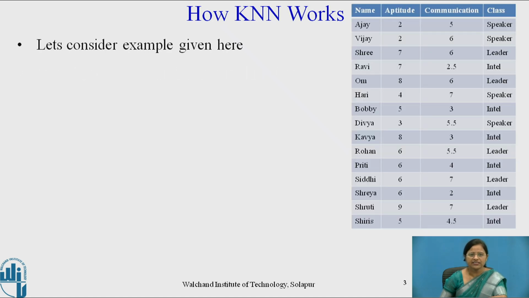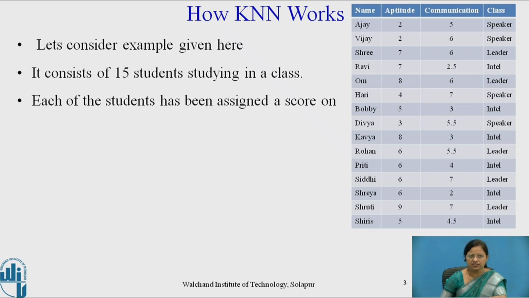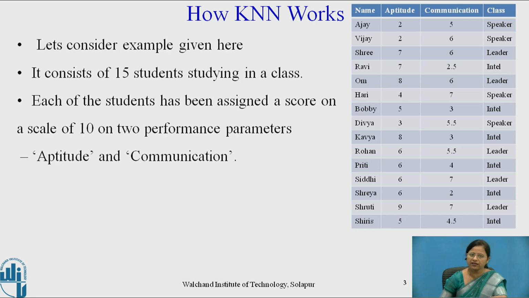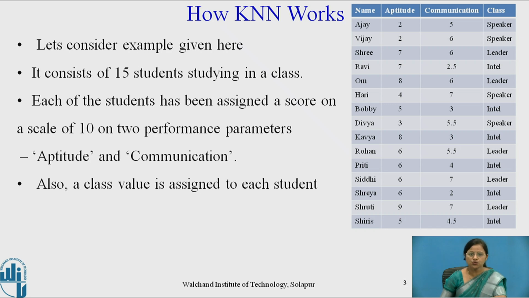We have a dataset of 15 students who are studying in a class. Each of the students has been assigned a score on a scale of 10 on two performance parameters, that is aptitude and communication. Also, a class value is assigned to each student based on the following criteria.